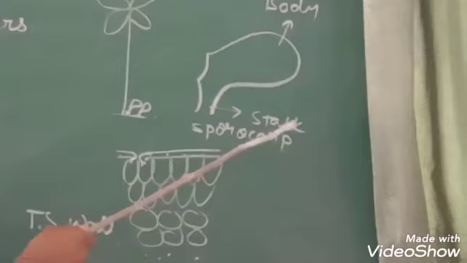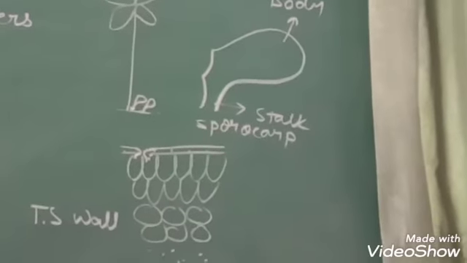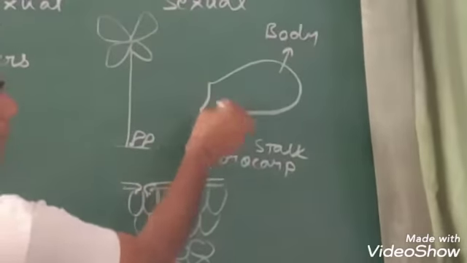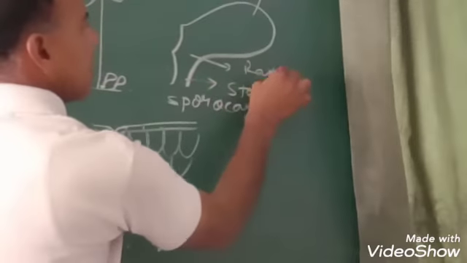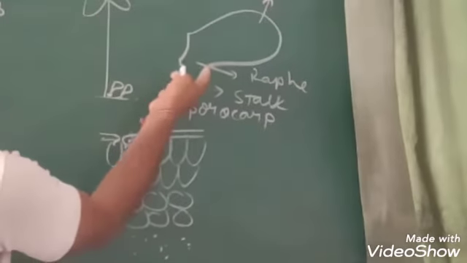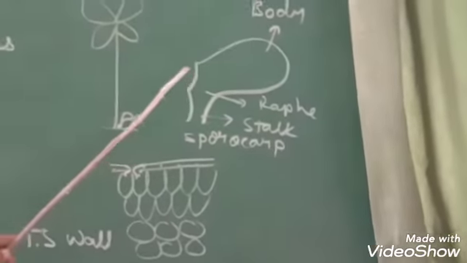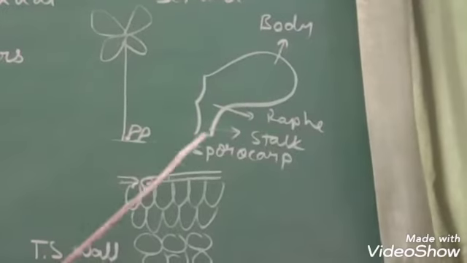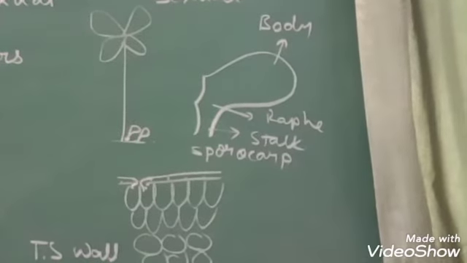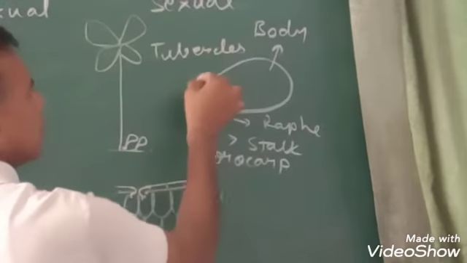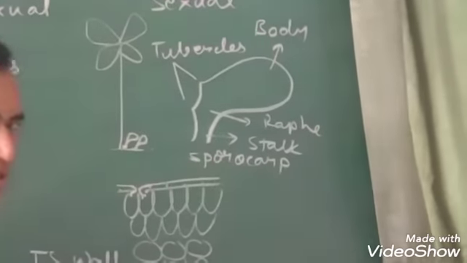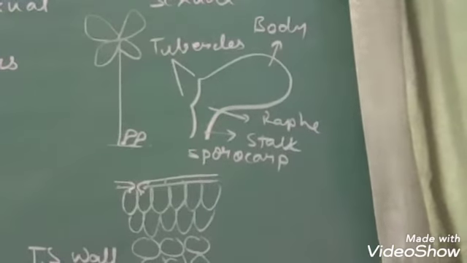The other name of this stalk are pedicel or peduncle, and the point of attachment of this stalk to the body is known as raphe. And just on the opposite side of raphe you can see two teeth-like outgrowths which are known as tubercles. Now the nature of these two we will discuss afterwards.